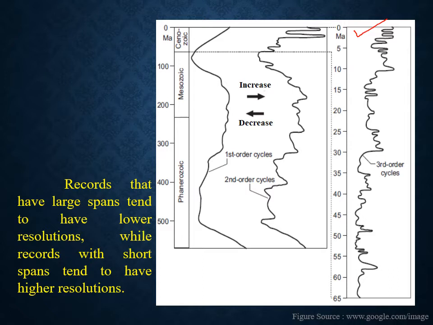Now the same temperature is also estimated with this proxy tool. Say for example, this is proxy tool 1. So with the help of proxy tool 1, we can see that in the Cenozoic there is a steady decrease of temperature.